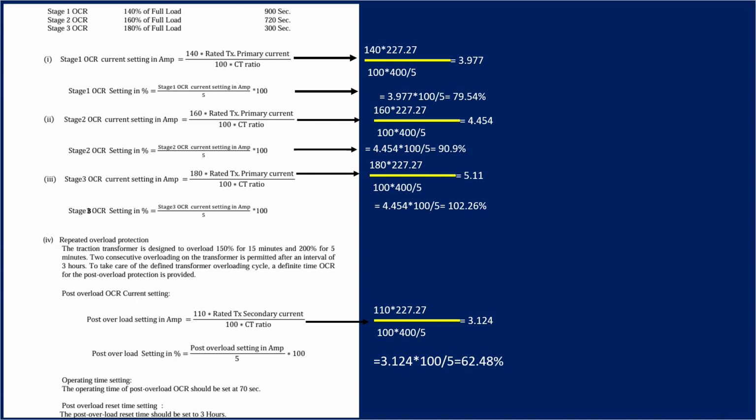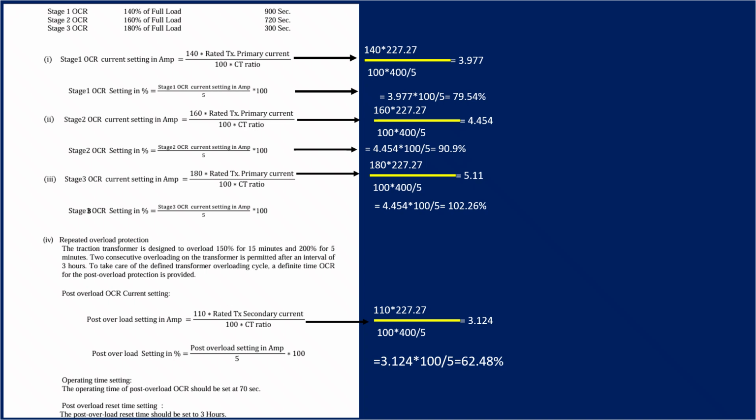Now repeated overload protection. Our traction power transformer is designed to take 150% overload for 15 minutes and 200% overload for 5 minutes. So we are setting the current here for the HV side at 110%. Then the rated transformer current into 100 into CT ratio.